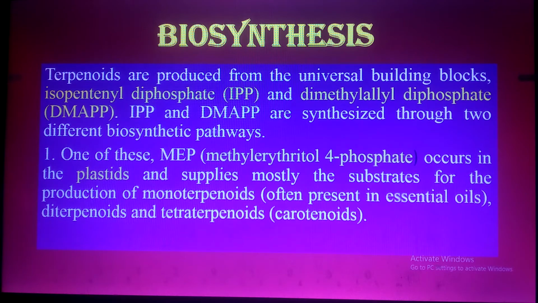It occurs in the plastids and supplies mostly the substrate for the production of the monoterpenoids, diterpenoids, and the tetraterpenoids. Monoterpenoids are often present in the essential oil. Diterpenoids and tetraterpenoids are carotenoids.